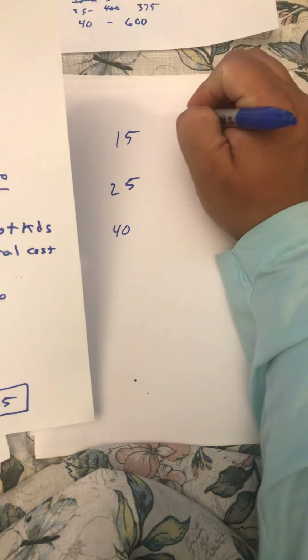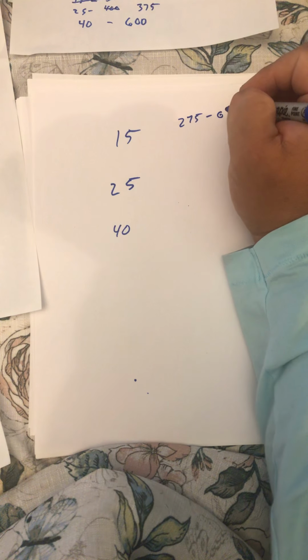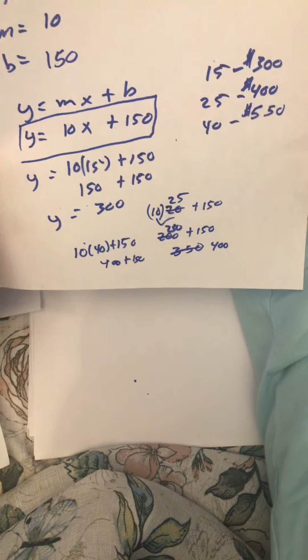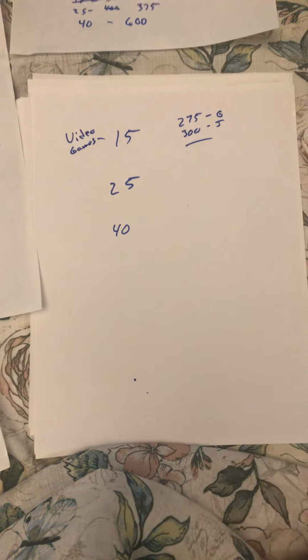So we have 275 for the games. And for the jump around, we have 300 for the jump. And then there's no paintball in this one. So for 15 kids show up, our best option is the video games. That has the lowest cost.